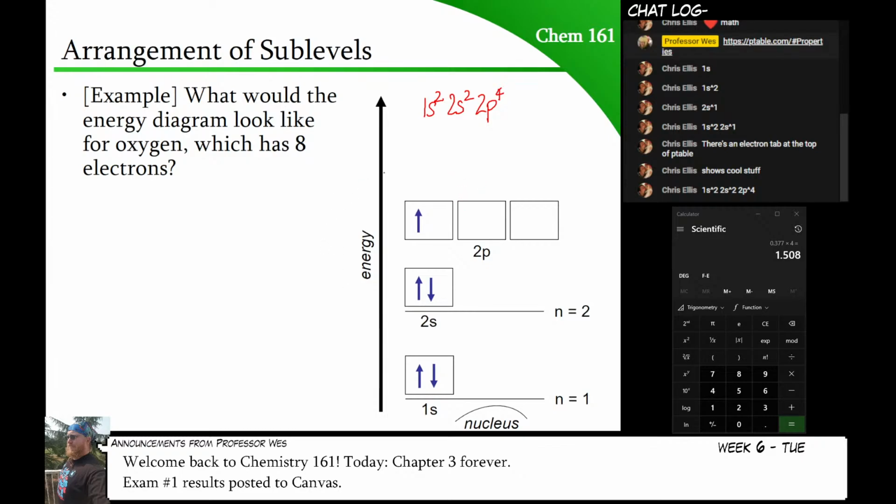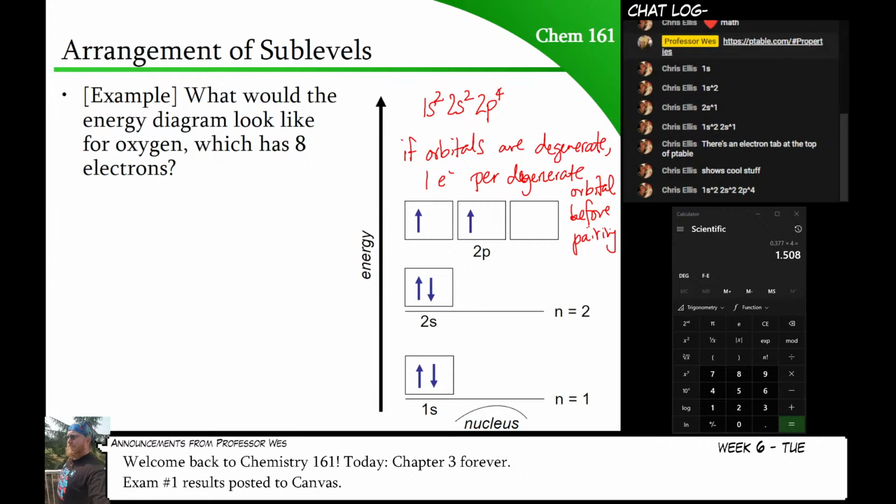And the answer is, if the orbitals are degenerate, do 1 electron per degenerate orbital before pairing. So that means that the 6th electron would actually go here.